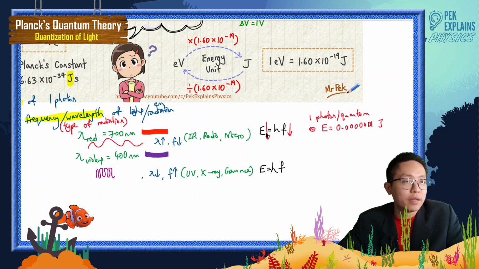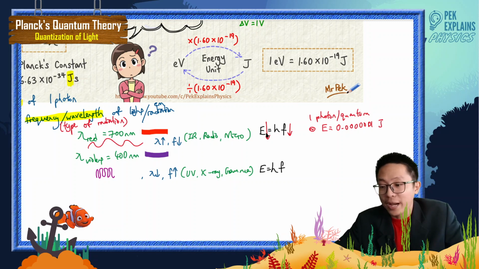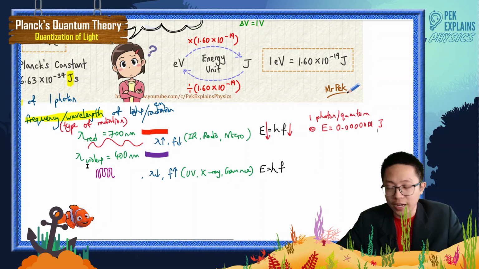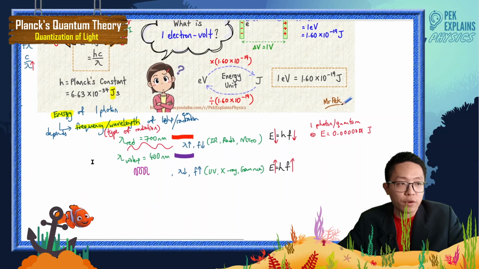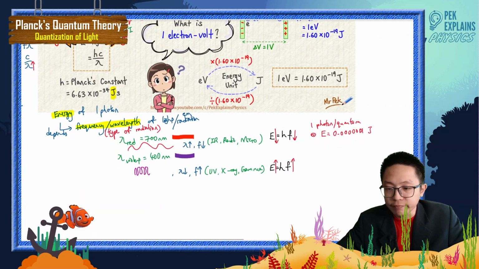It's very little energy. But for high frequency, like ultraviolet, gamma ray, X-ray, violet light, they have high energy. So this type of light has a very big photon. Big photon means it carries a lot of energy.